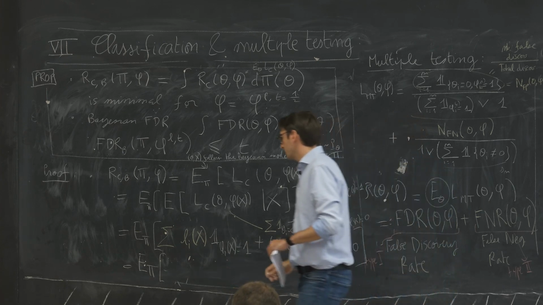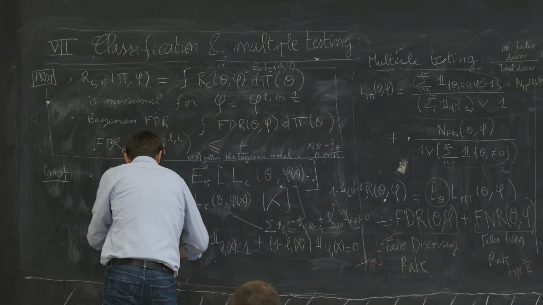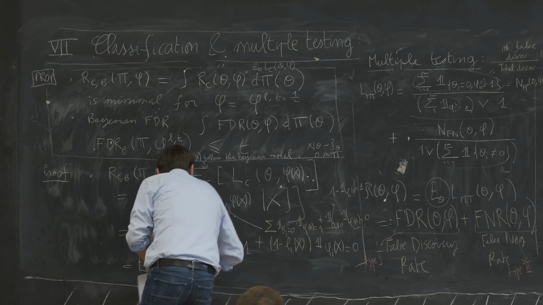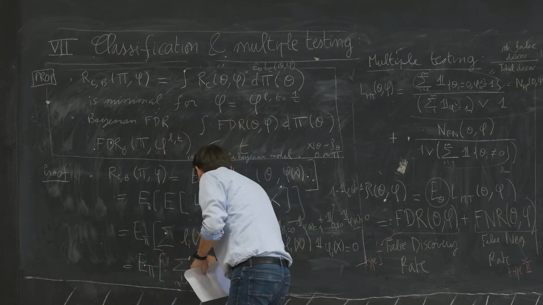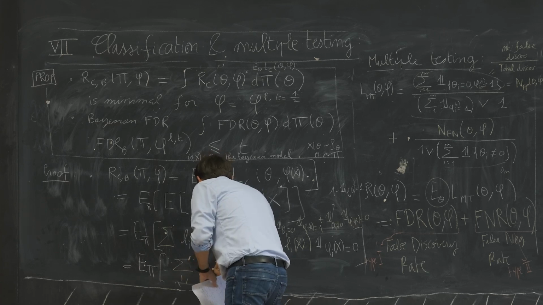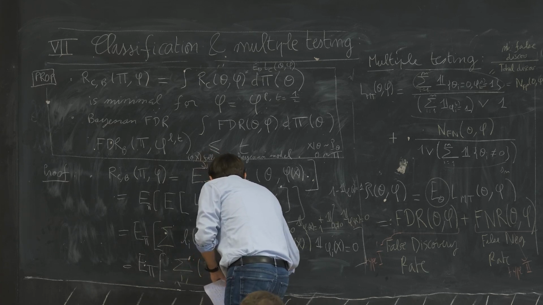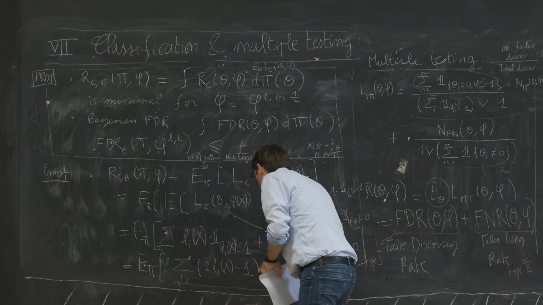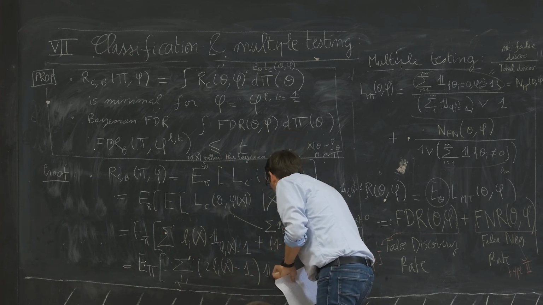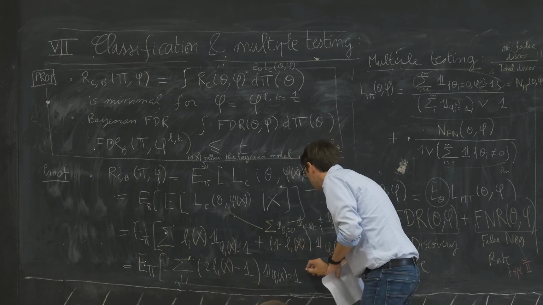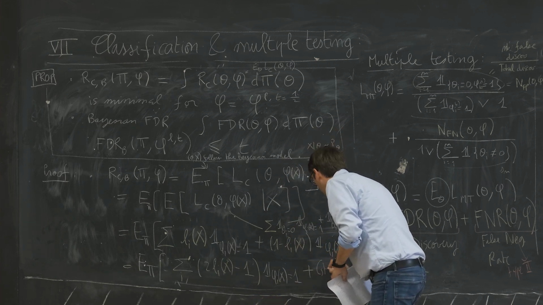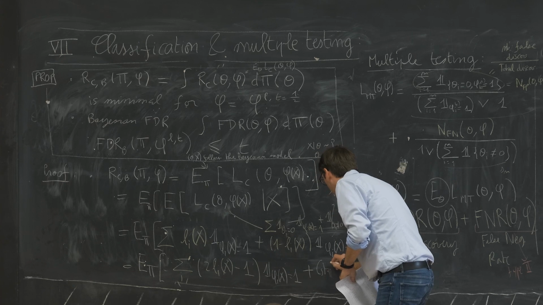So I get E pi of the sum over i of, taking the minus here, twice L_i of x minus 1, times the indicator that phi_i of x is 1, plus a term which is a constant that depends on x but not on phi.